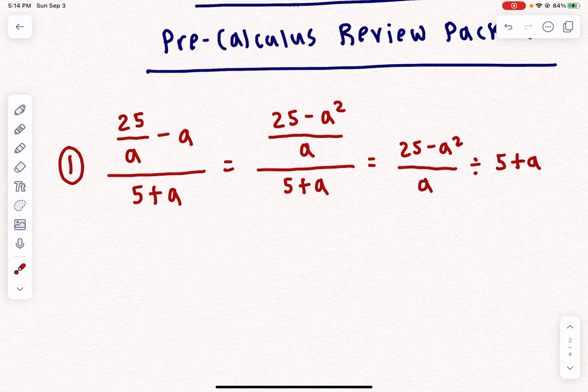And then if we recall our rules on division, whenever we're dividing by another term, the idea here is to change this division symbol to a multiplication. So let me rewrite this. So we're going to change this division symbol to a multiplication.